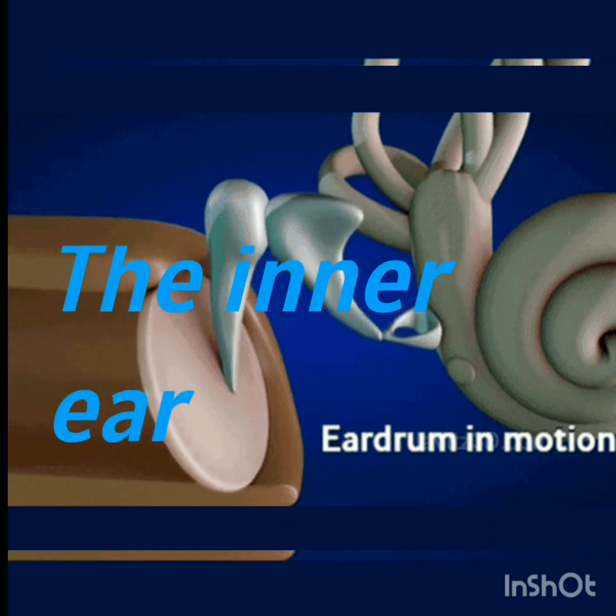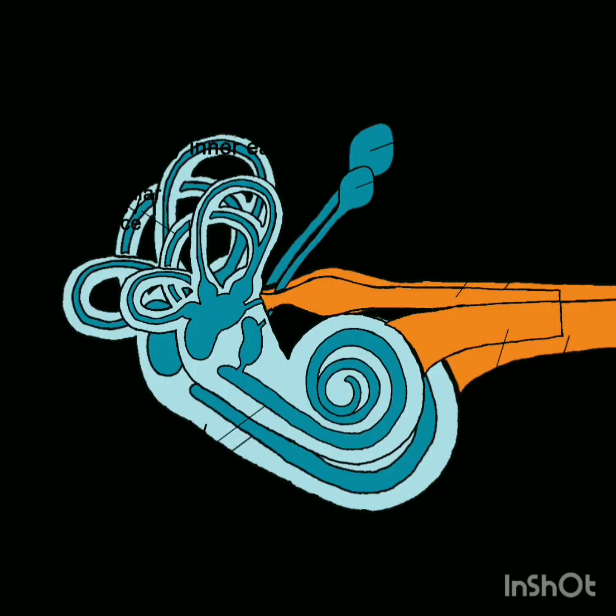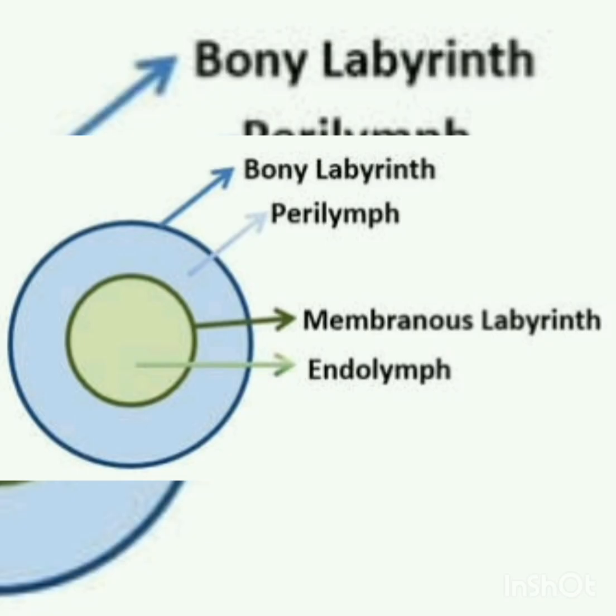The inner ear, which is also known as the labyrinth, is divided into 2 parts, where we have the bony labyrinth and the membranous labyrinth.